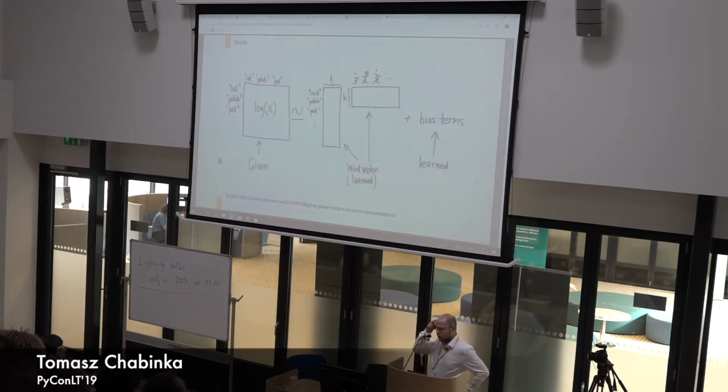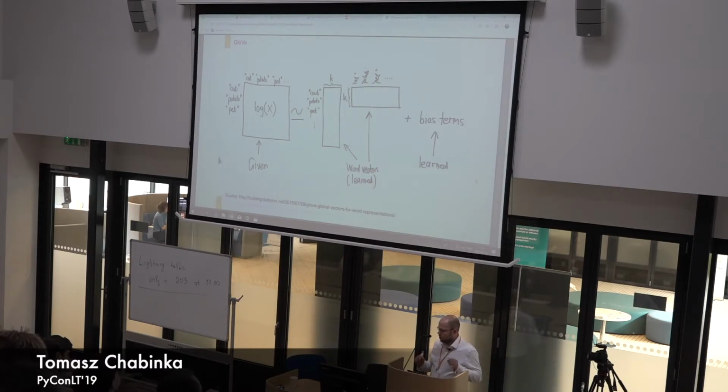The second approach is what is called the GloVe algorithm. In the GloVe algorithm, you have your database with text, so you have a corpus of text, and you try to count each pair of words that appear together in one sentence. So this is the left side of this equation.